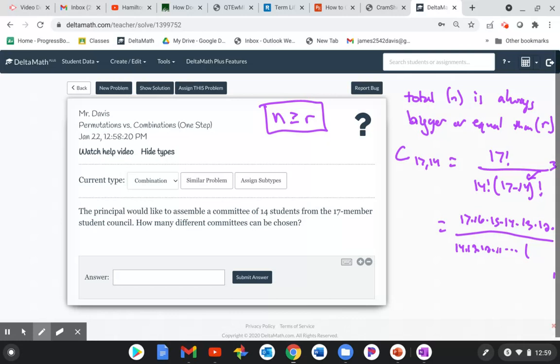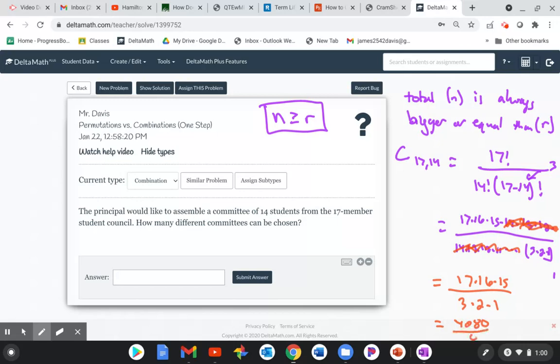That turns into 3 times 2 times 1. So what ends up happening, 14 cancels, 13 cancels. So these all cancel with these. And then we're left with 17 times 16 times 15 on top over 3 times 2 times 1 on the bottom. So that's 4080 on top over 6 on the bottom. And that's 680.